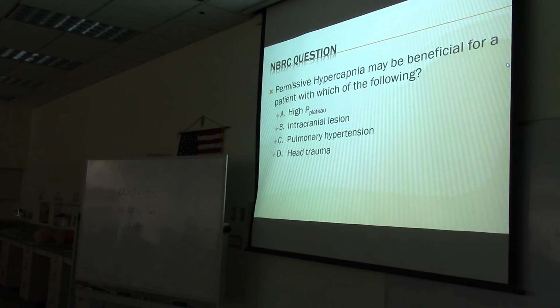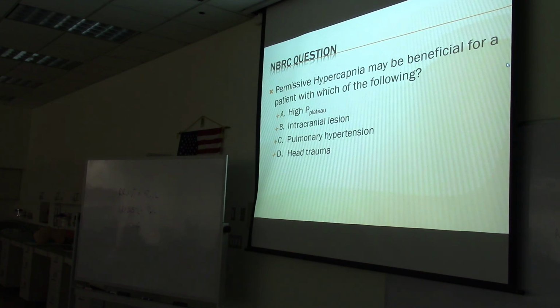Isn't it intracranial? Hypercapnia? When you have high CO2, that's not good for the brain.